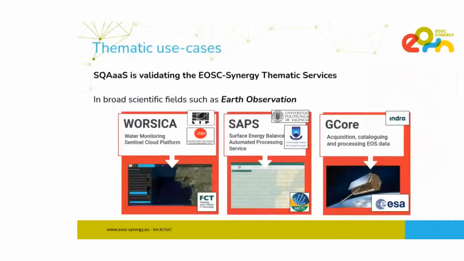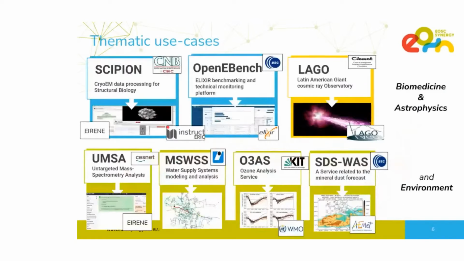Then, just to present the use cases which come from, for instance, Earth observation. This is, for instance, the water monitoring cloud platform, or SAPS, surface energy balance automated processing service, which can be used, for instance, in agriculture, GCore, and a number of other projects in biomedicine, like Scipion, OpenEBench, LAGO.